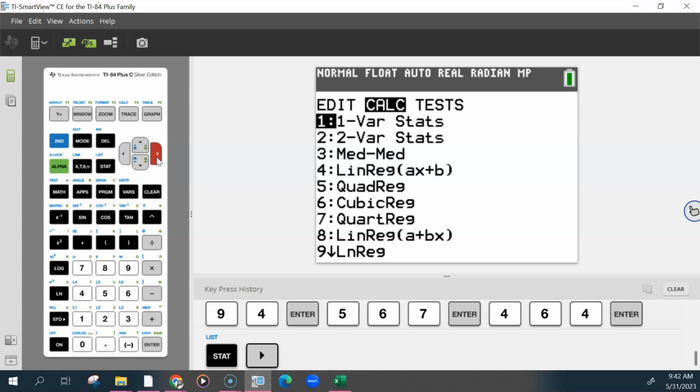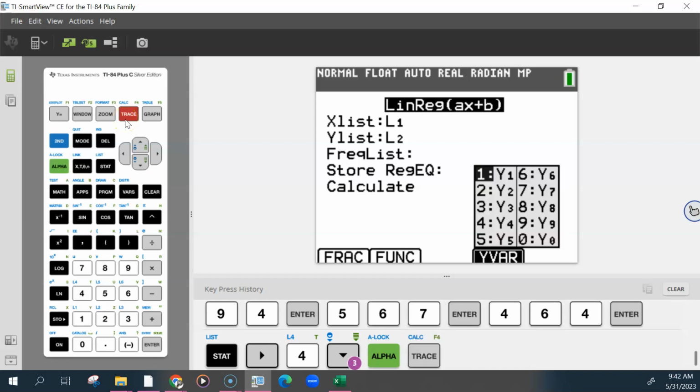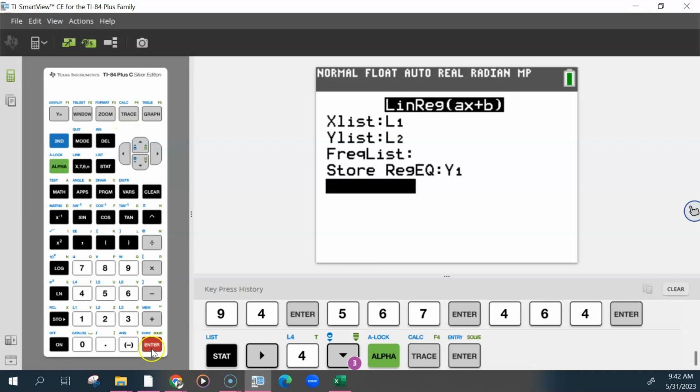So number 4, you can either hit 4 or scroll down to 4 and hit enter. Make sure your X list says L1, your Y list says L2. Scroll down to store this and hit alpha trace and then enter 3 times.